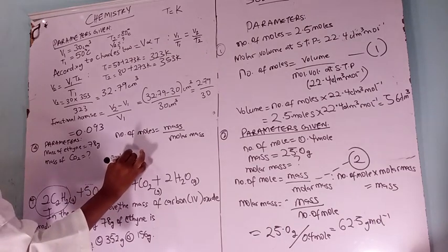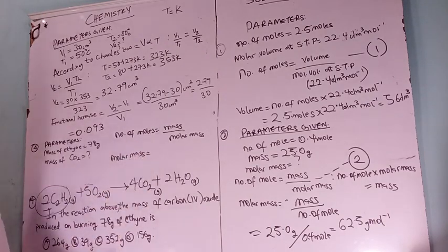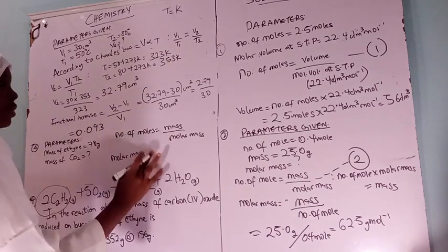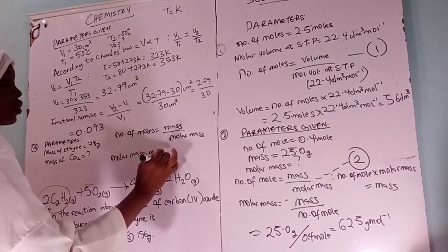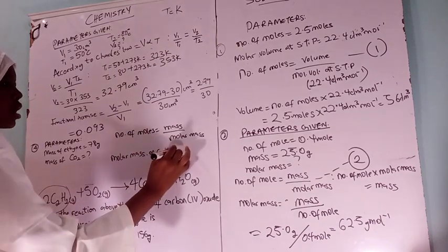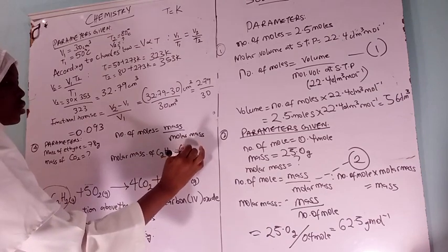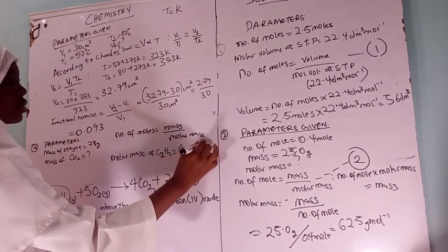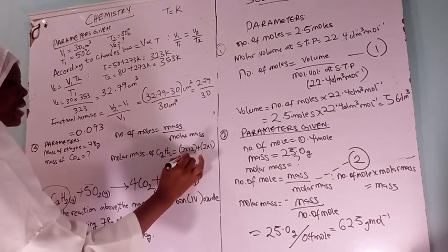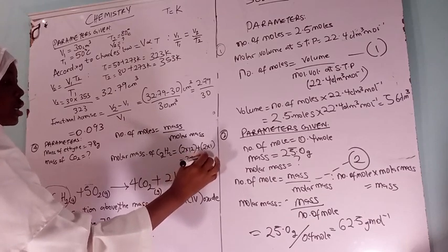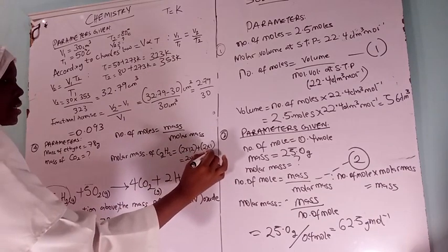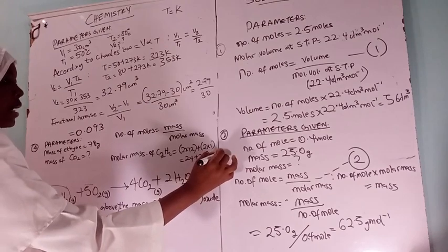Molar mass equals molar mass of C2H2 equals 2 times 12 plus 2 times 1. That's 24 plus 2 equals 26 gram per mole.